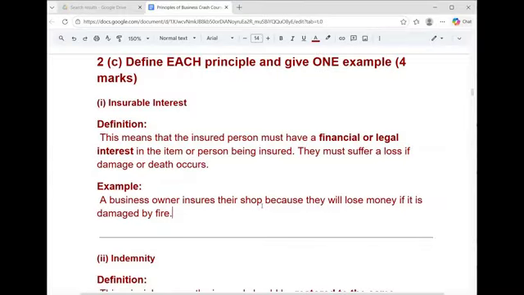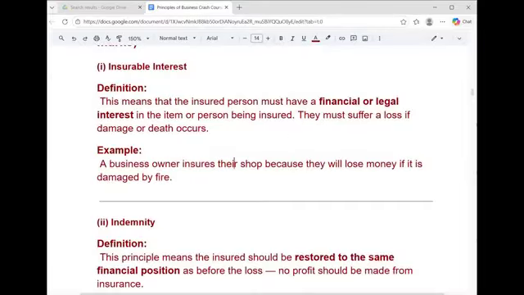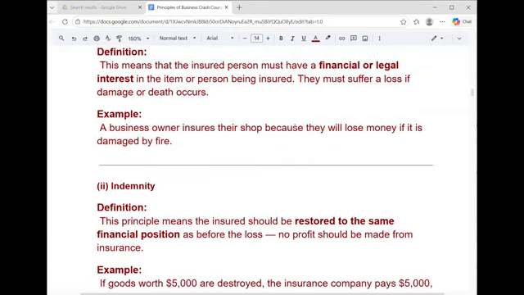If fire damages their property, then they could go to the insurance company and claim the insurance, and depending on how long they invested in their policy, they will get enough money to recover and fix the damages, right? So the insurable interest just ensures that the person who's insured would be covered for what exactly they insured.